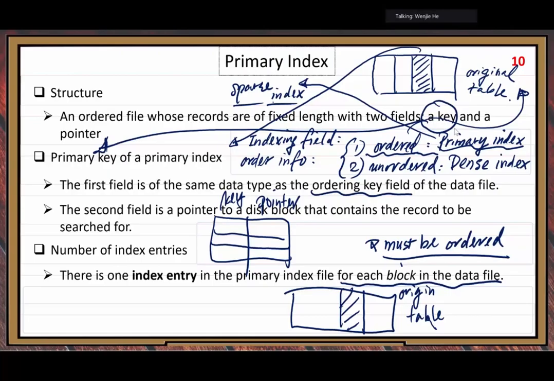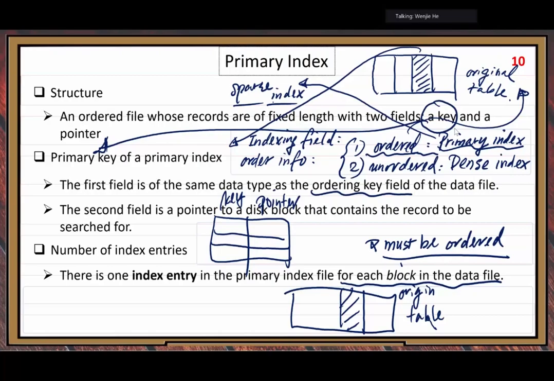The first field is of the same data type as the ordering key field of the data file. All right, so that's the same as the index file. But the second property is a special property.